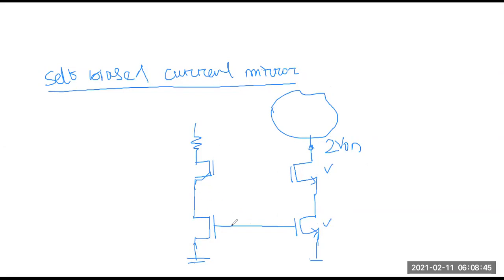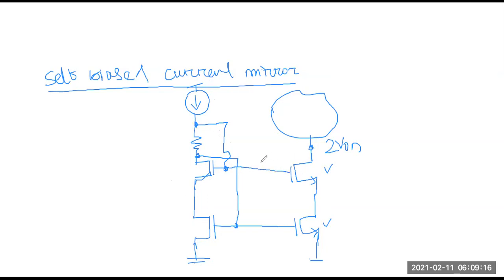You will not connect here; we will connect to here, and this will supply the bias voltage. So this will connect to this one. Now see, for this topology, this is your V on, this is your V on.